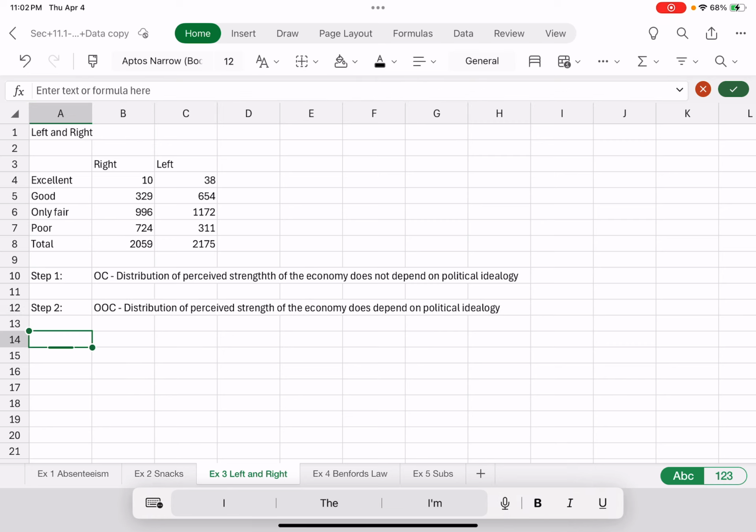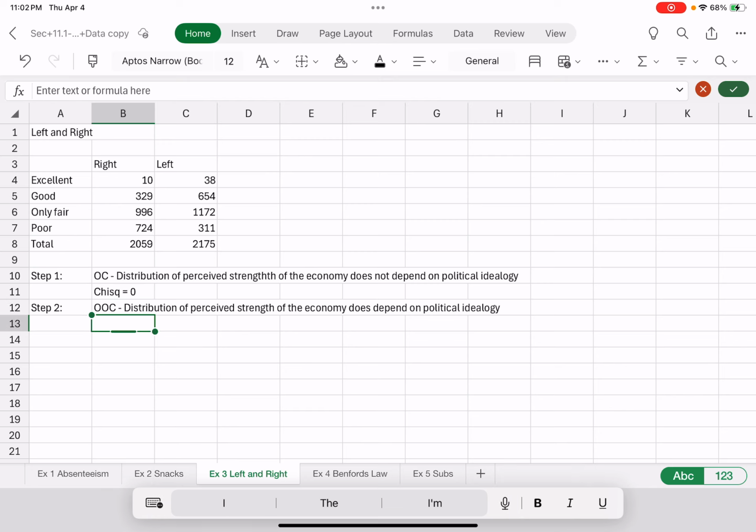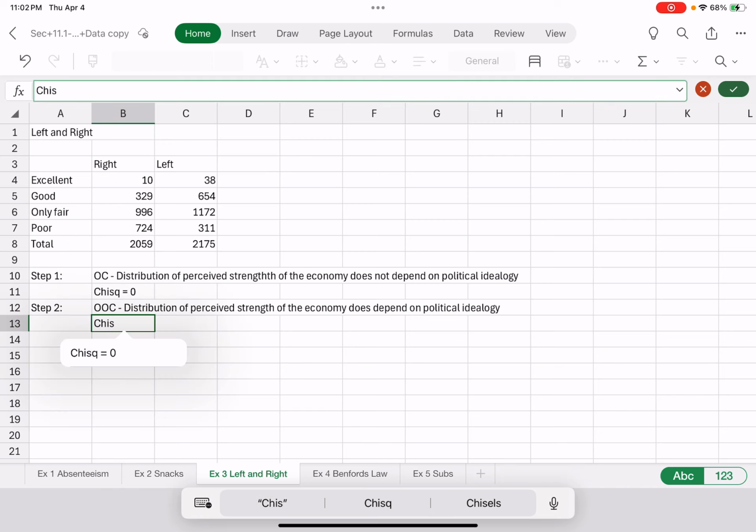And so again, this one here is going to be chi-square equals 0. This one's going to be chi-square greater than 0.